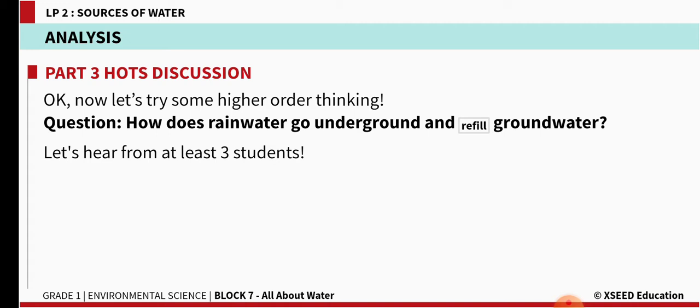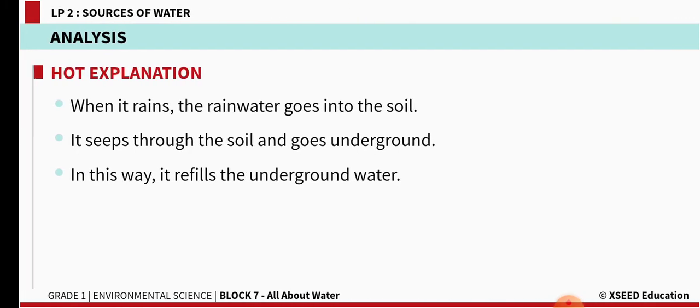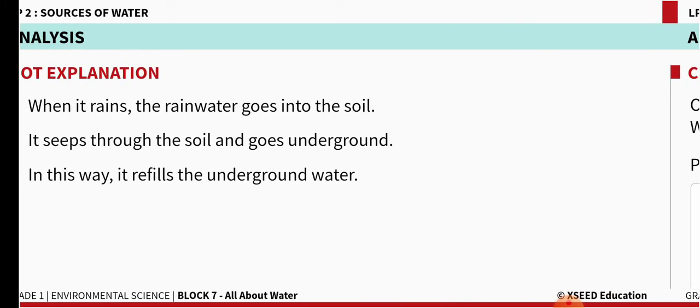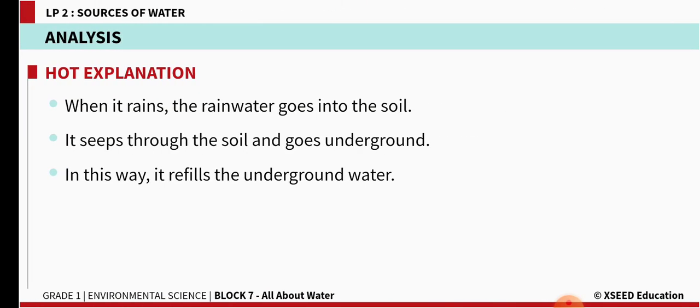That is what we get as tube well or well water. So when it rains, the rainwater goes into the soil, seeps through it and goes underground. In this way it refills. That is called refilling. Again and again it gets filled whenever it rains. That is why we say rain is very, very important, because rain fills all these sources of water.